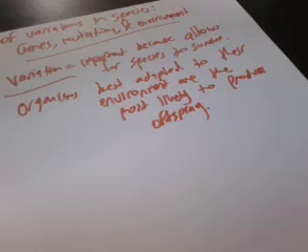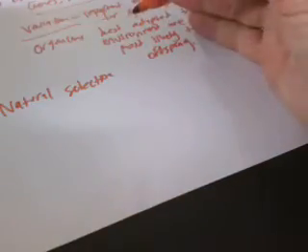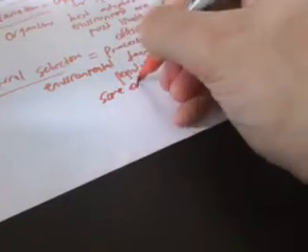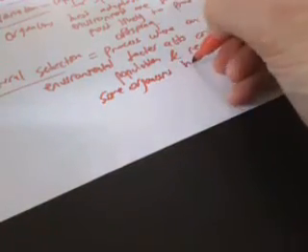Now natural selection is a process where an environmental factor acts on a population and results in some organisms having more offspring than others. It's worth committing this to memory: an environmental factor acts on a population and results in some organisms having more offspring than others, so being more successful, as I mentioned before.